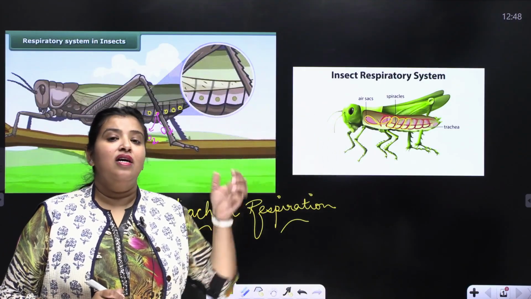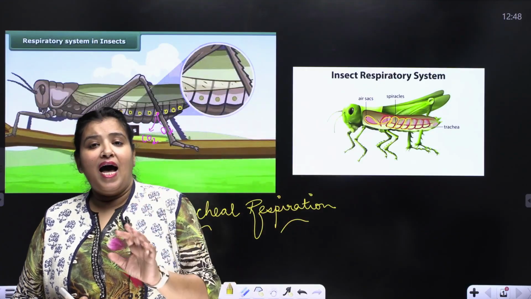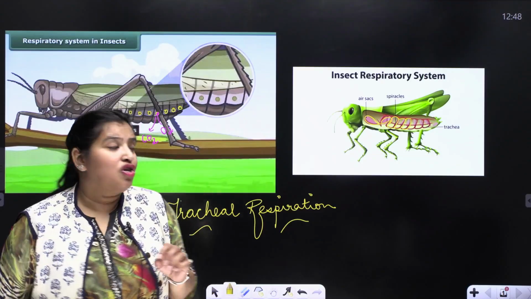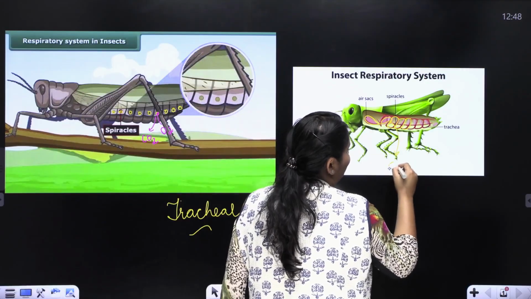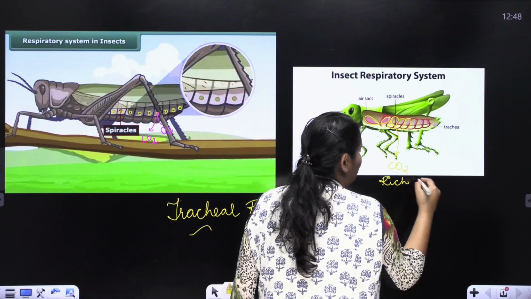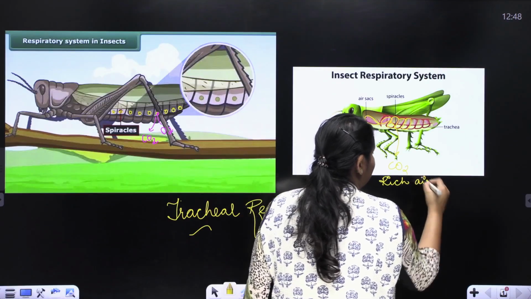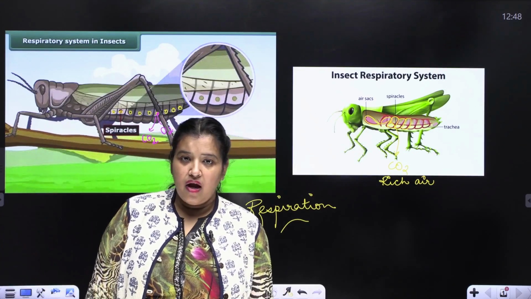The oxygen is transported to the body parts from here, and the carbon dioxide-rich air comes back and is given out from the spiracles. This is how insects perform tracheal respiration.